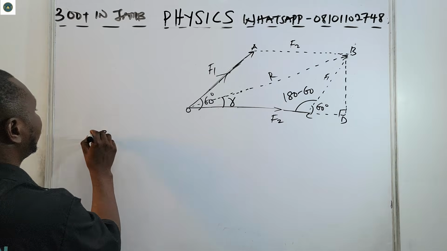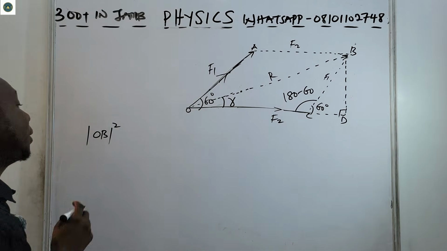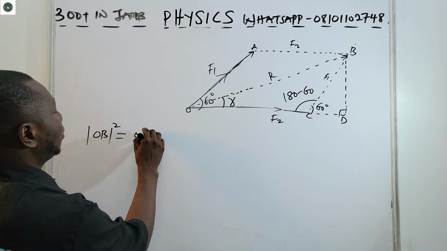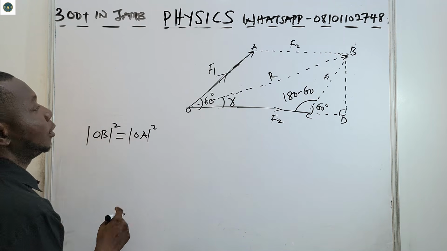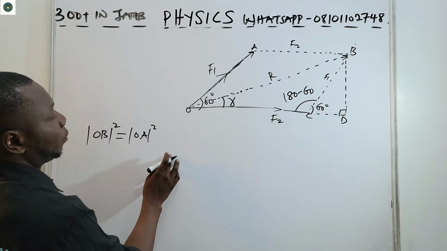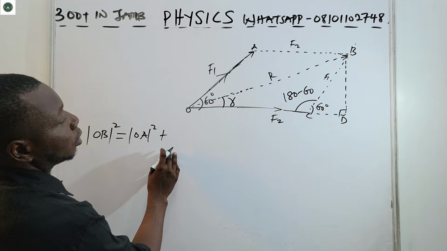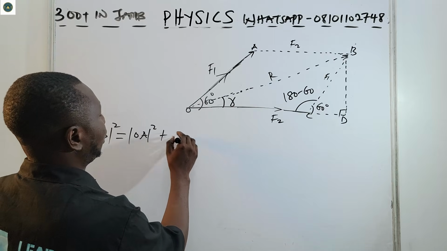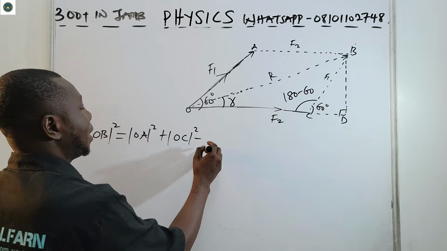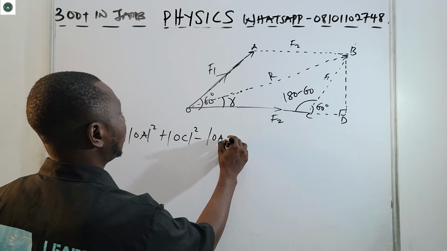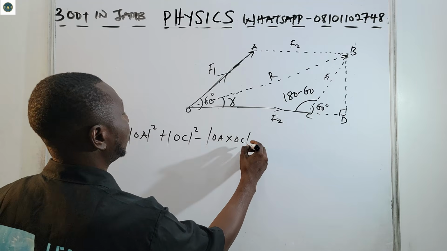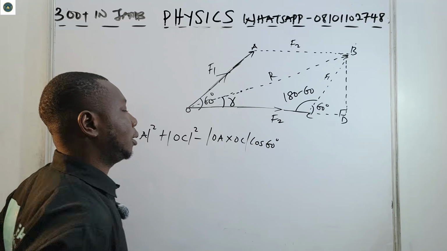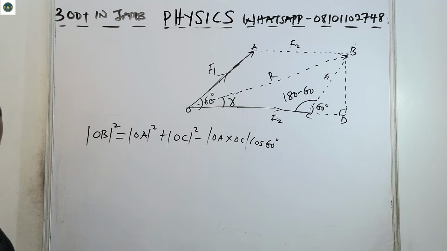So OB square equals OA square. OA is F1. So OA square plus, we need OC square minus OA times OC, then cos 60 degree.